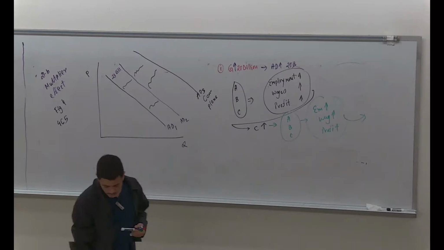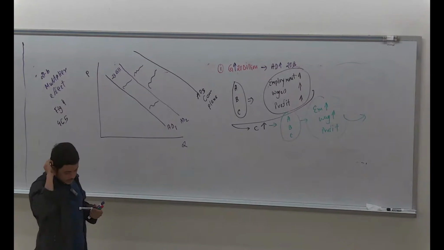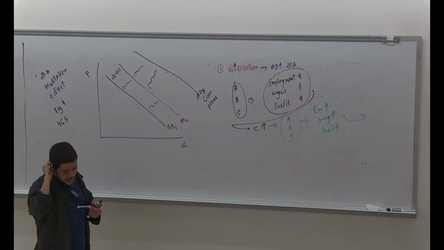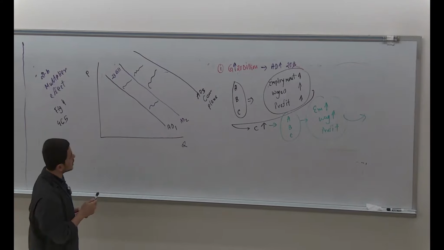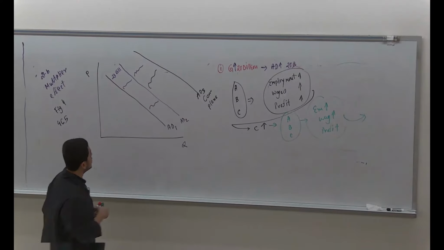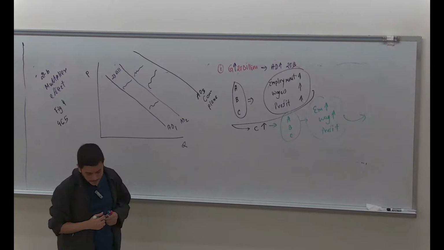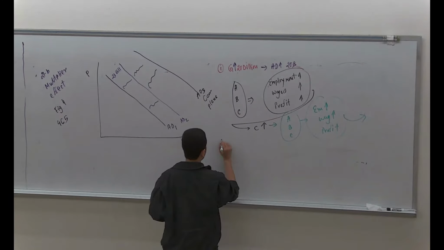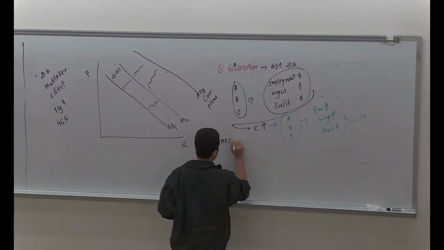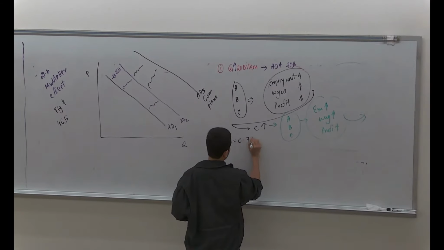So now let's see how much effect we'll see. We know that the first effect increased by 20 billion, but how much in total? It depends on MPC, the marginal propensity to consume. Let's say marginal propensity to consume is 0.75.